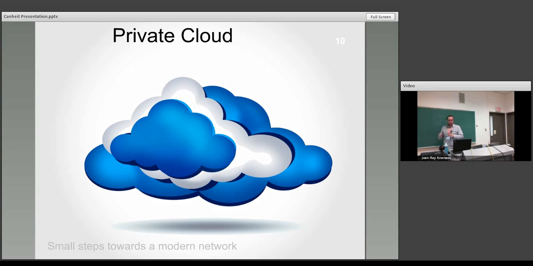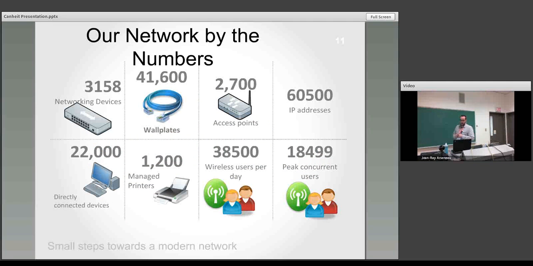The wall plates provide connectivity to 22,000 devices. From there, 1,200 are managed printers. From the access points, every day, we provide wireless connectivity to 38,500 users with a peak of 18,499 concurrent users. All of this sums up to a lease and use of around 60,500 IP addresses per day.